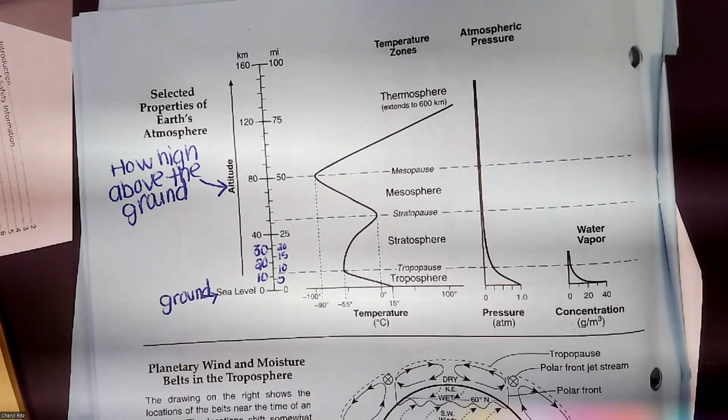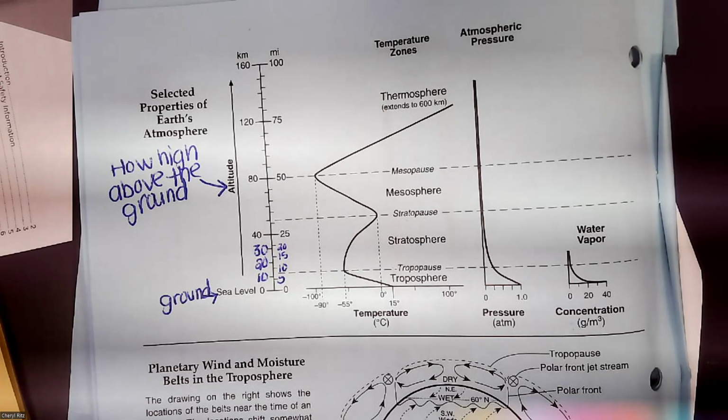So that's the y-axis, the same for all 3 graphs. No matter what, as you get higher up on this graph, it just means you're getting higher in the atmosphere. You can almost picture it as flying in an airplane and going up.